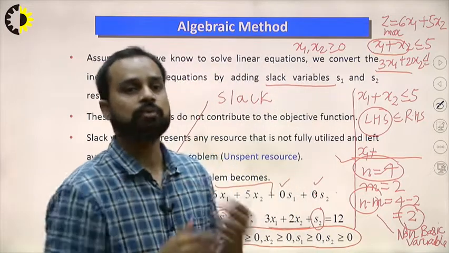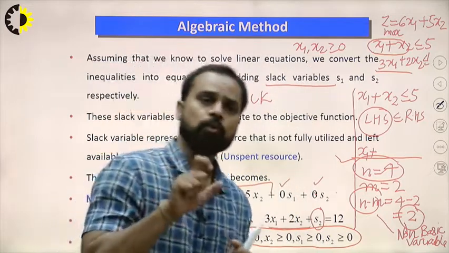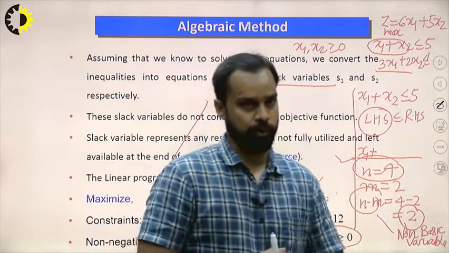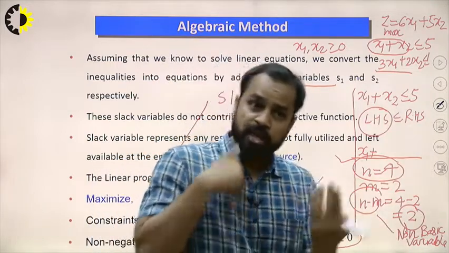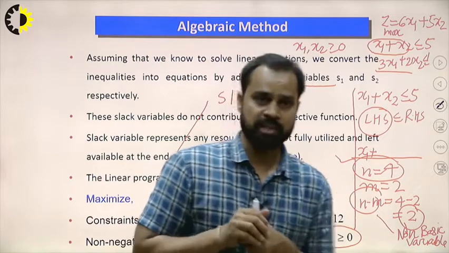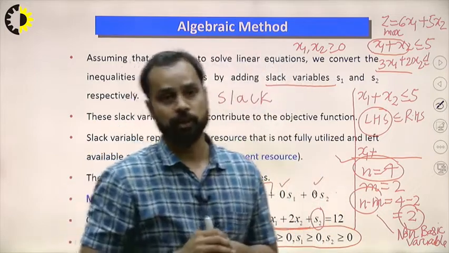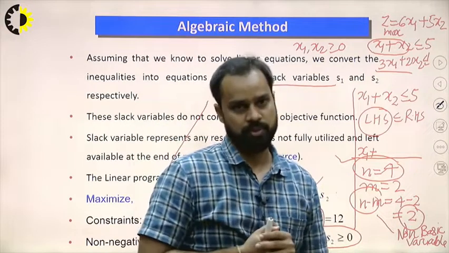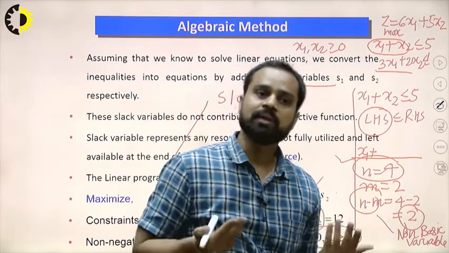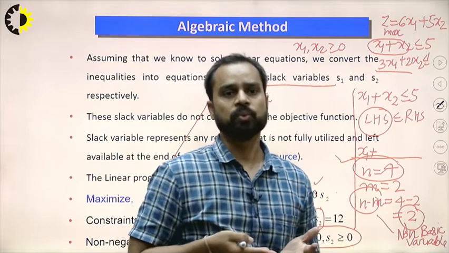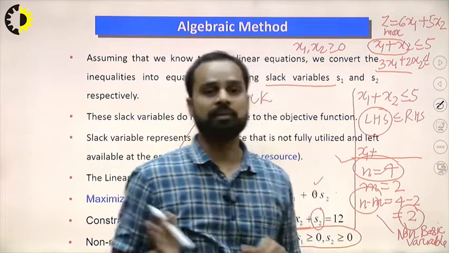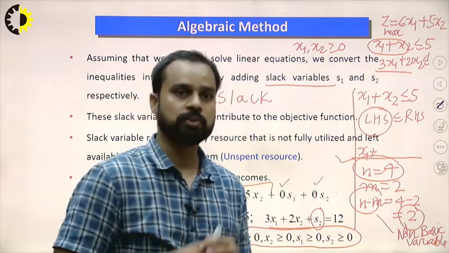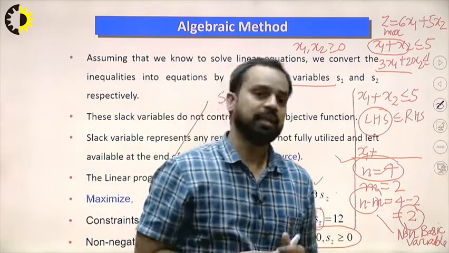The meaning of non-basic variable is that we have to fix these non-basic variables to some arbitrary value. If we fix these non-basic variables to any arbitrary value, there are an infinite number of solutions, because the arbitrary value may be 0, 1, 2, 3, 4, any value can be taken.